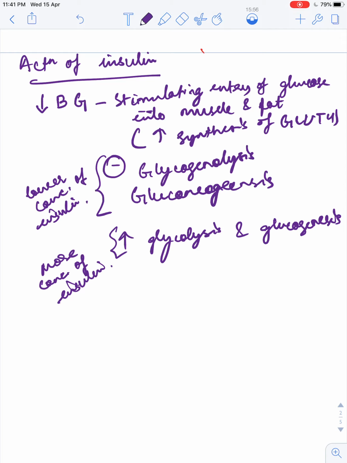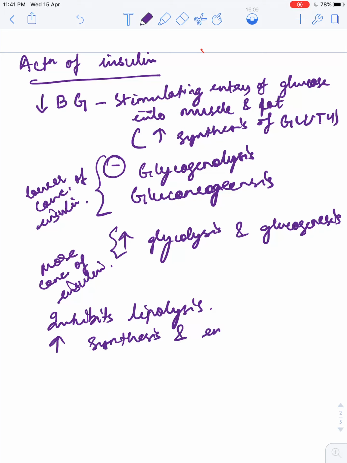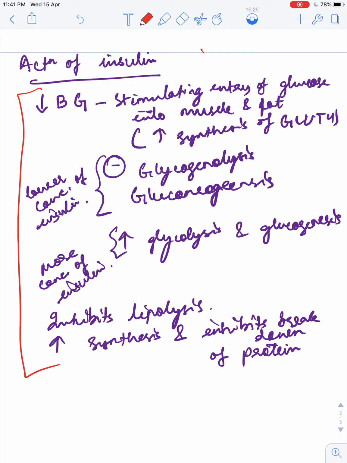Further, it inhibits lipolysis or breakdown of fat, and it increases the synthesis and inhibits breakdown of protein. So basically, insulin is which hormone? Anabolic hormone or a catabolic hormone? From these things we can clearly know that insulin is an anabolic hormone.